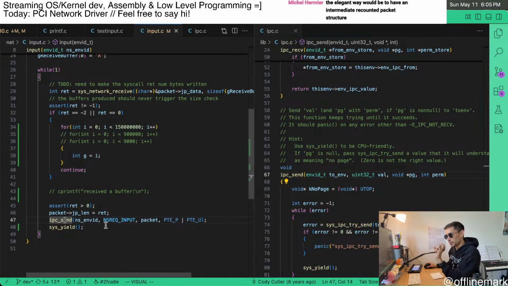So the way the IPC works is we're sending a page of shared memory to the receiver.